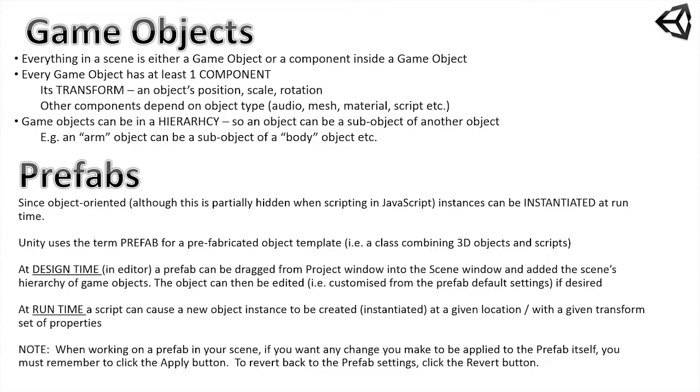It'll show up in the hierarchy as blue, and so you know that it's a prefab. If you make any modification in design time to the prefab itself, it'll honor that, and you don't have to do apply or revert. If you do any instances of the prefab in the scene window, then you want to impact the prefab, you want to hit apply or revert, depending on what you're trying to do.